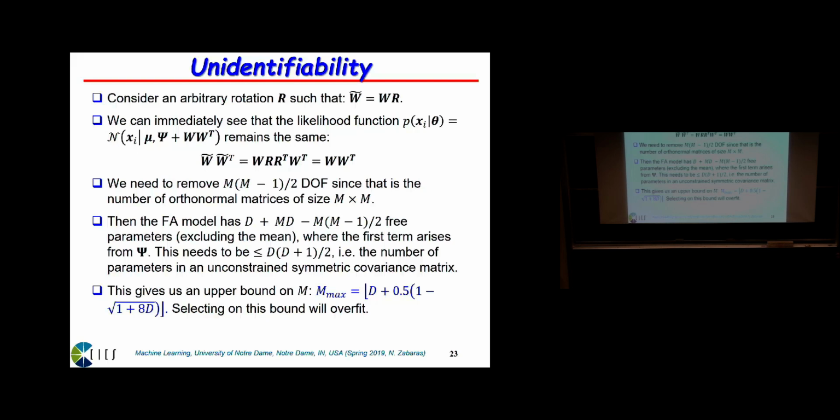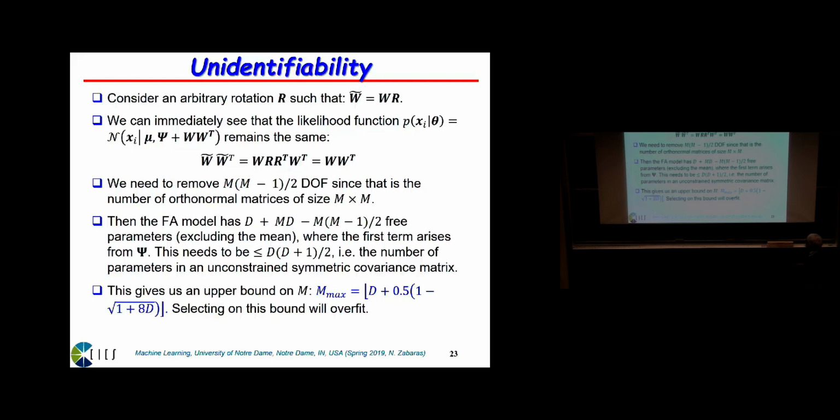Notice, we're going to have to compute psi, we're going to have to compute mu, and we're going to have to compute W. But notice there is an issue of non-uniqueness of W here, because if W changes by a rotation R, then W R (W R) transpose comes to be equal to W W transpose. So effectively, you can insert any rotation, and it will not affect the covariance matrix that you get here.